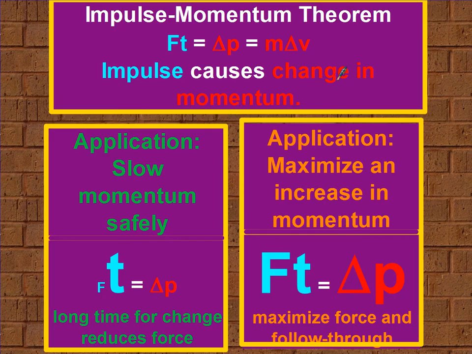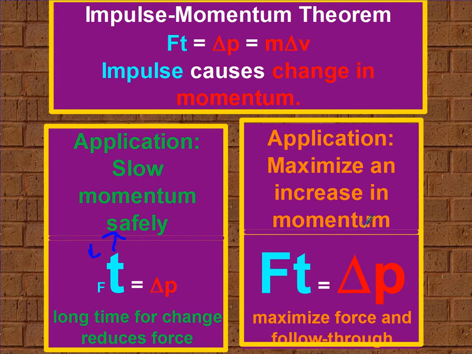Now, we can also use the impulse momentum theory to cause changes in momentum. For example, if we increase the time of impact, we can change our momentum more safely by decreasing the force. Usually when we're talking about people and safety, this is what we're wanting to do.